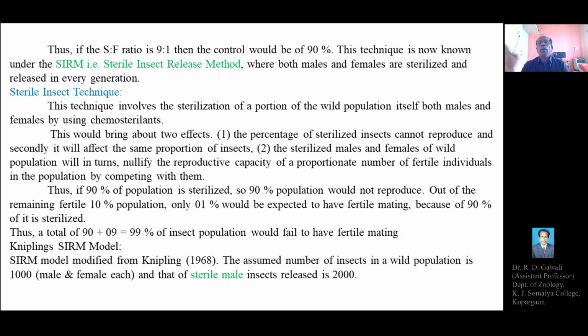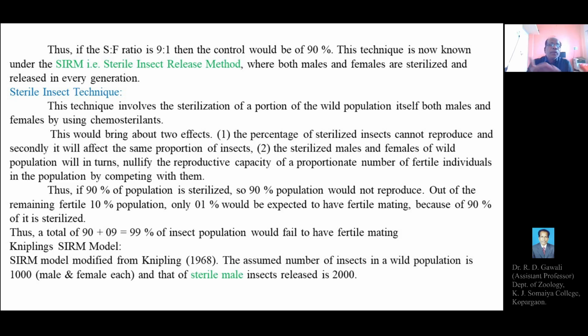When 90% members, males or females, are released in the wild population, the chance of fertile mating will be only 1%.